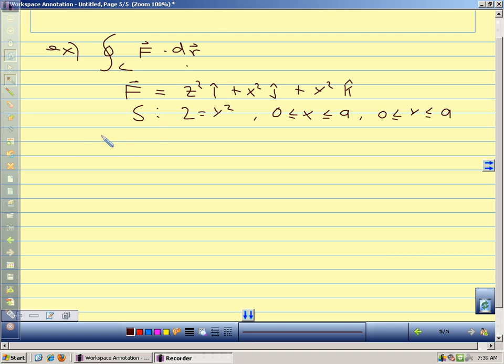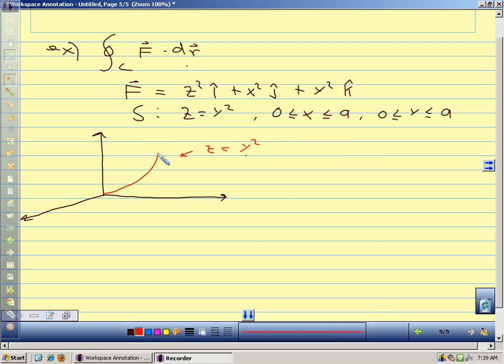First off, what is our surface? To find our line integral, we need to know what our boundary is, what our lines are, what our curves are. Right, so a parabola in the zy plane, so it's going to go like this, like that. And this is z equals y squared.